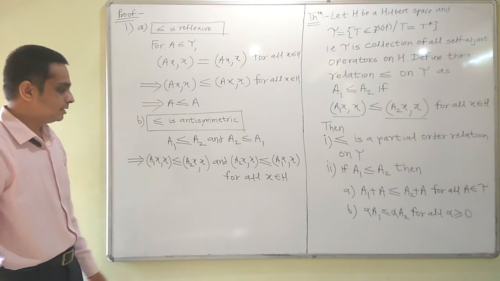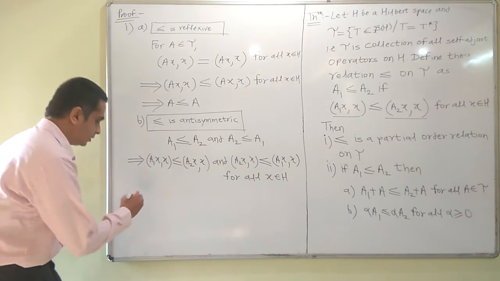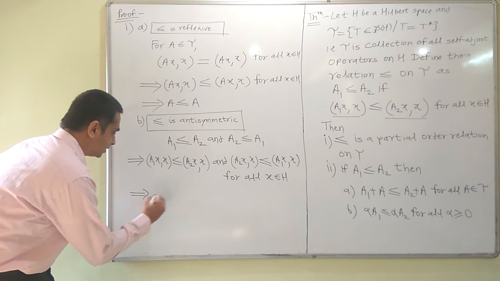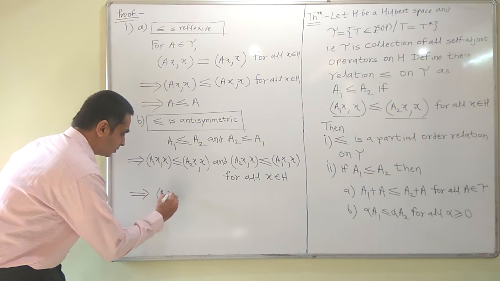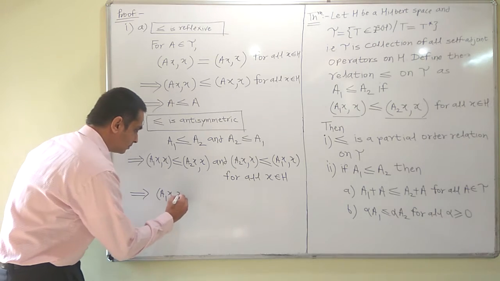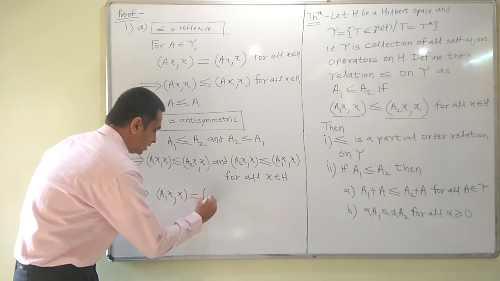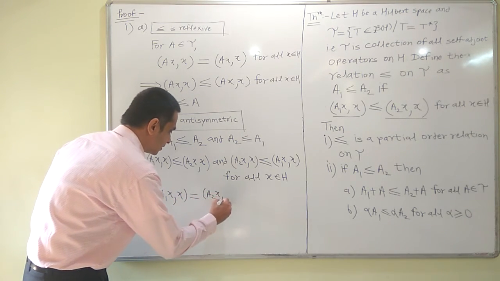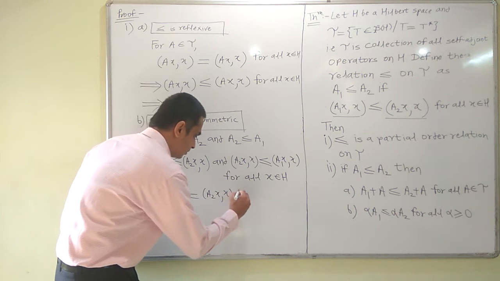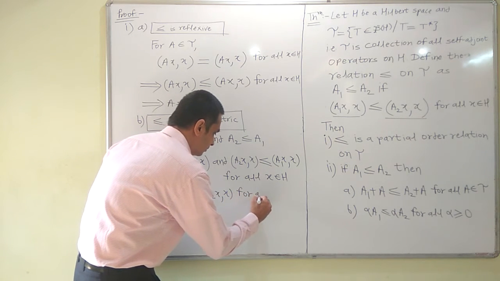So these two real numbers must be equal. This implies that the inner product of A1x and x must be equal to the inner product of A2x and x for all x belongs to H.